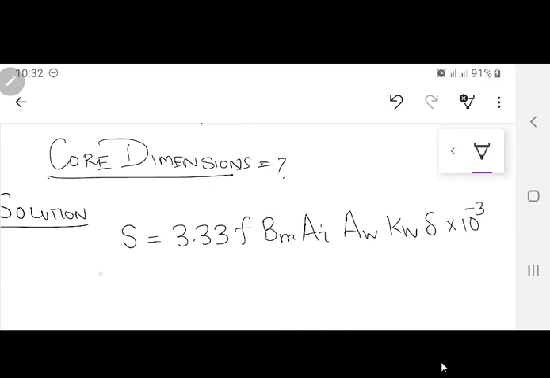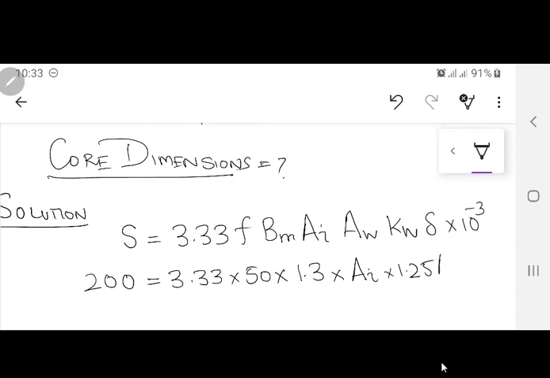This is a 200 kVA transformer. I don't need to write K over here because it's already 10 raised to power minus 3. So this is 3.33 into 50, and the BM comes out to be 1.3, which I've written over there. Now AI is the unknown quantity. What about AW? It has a relation, which means that it is equal to 1.25 times AI. So already it's now in AI terms.